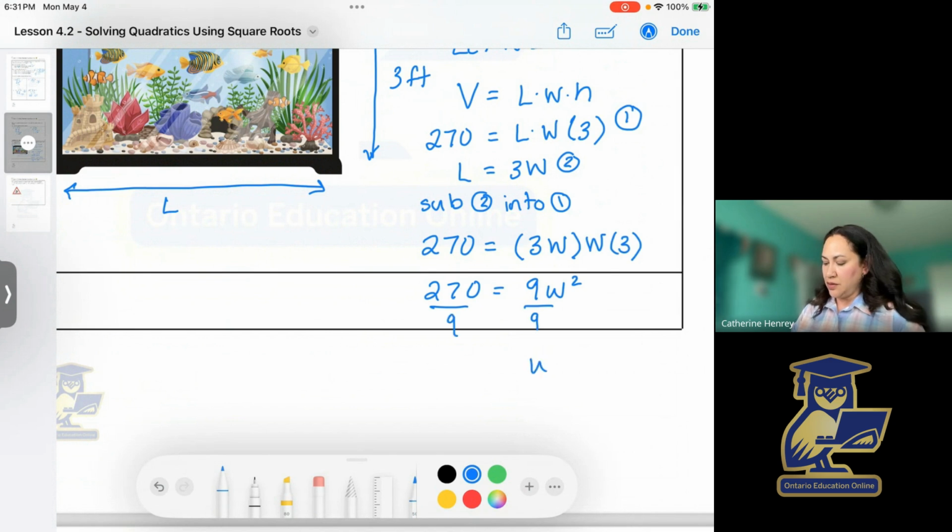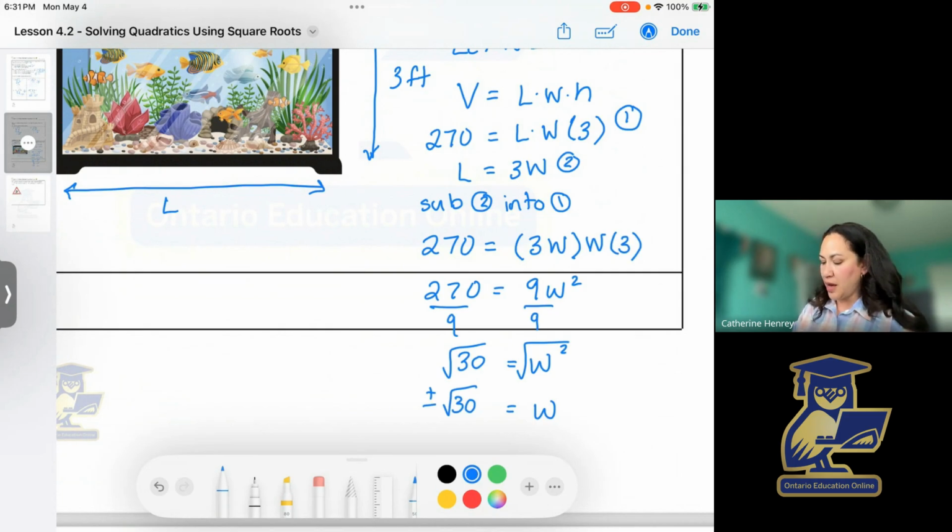And I'll have W squared is equal to 270 divided by 9, which is 30. And we have to take the square root of both sides. So W is going to be equal to plus or minus the square root of 30. We can't divide 30 up into any other perfect square numbers.